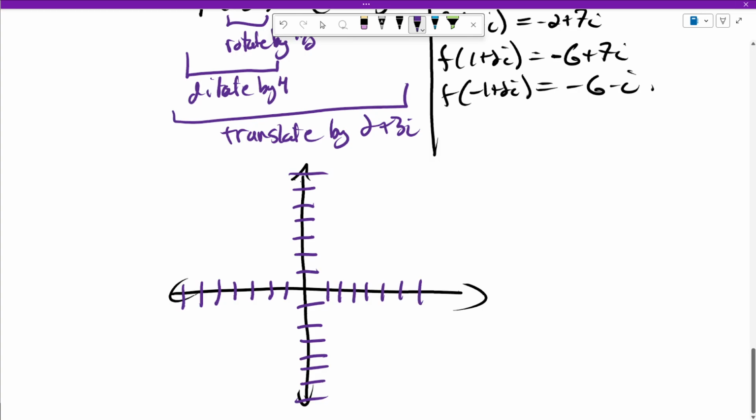And then I'll plot the points I can see, then we'll scroll up. So -6 minus i is here. Let's maybe use blue. And then -6 plus 7i is up here. And then we have -2 plus 7i, so that's up here. Oh, I guess I didn't need to go so far to the right.